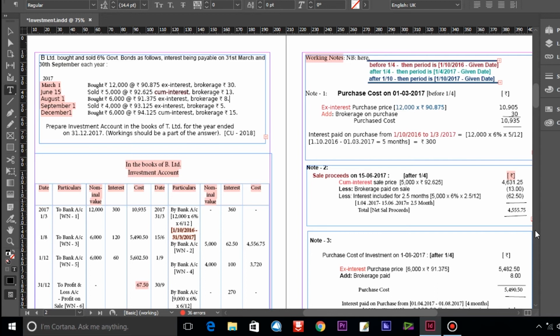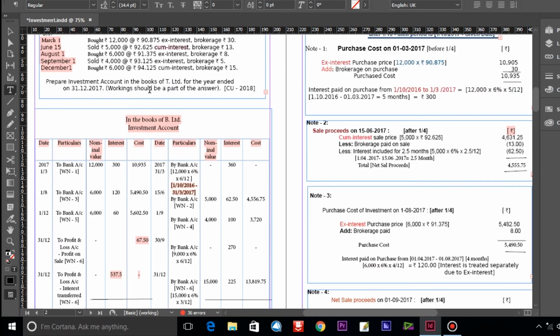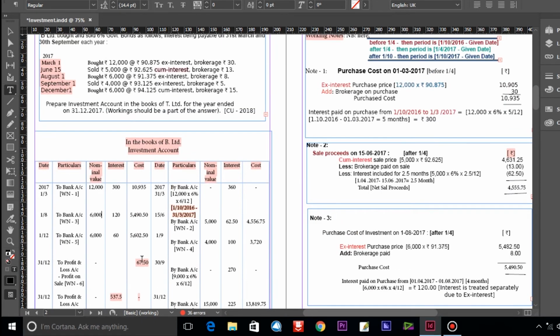Therefore, we have to add brokerage of 8, and we got 5490.50. Therefore, to bank on 1/8/2017, to bank 6,000 rupees bond and 120 interest and 5490.50 cost.